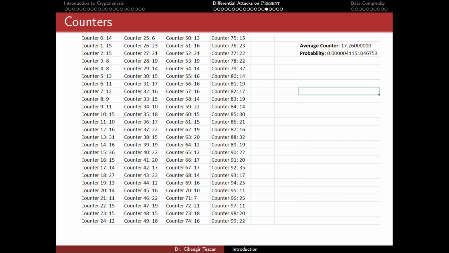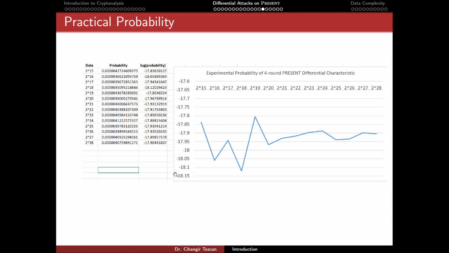Again, if you go back to our results, as you can see, finally we obtained 2 to the minus 17.9, and in theory it was 2 to the minus 18. So the difference is not that big, so we have a marginal improvement here. So if you're writing a paper, you say that, okay, we are gaining something like 2 to the 0.1. You can use it, but in this case it doesn't help you much, so it is not that important.